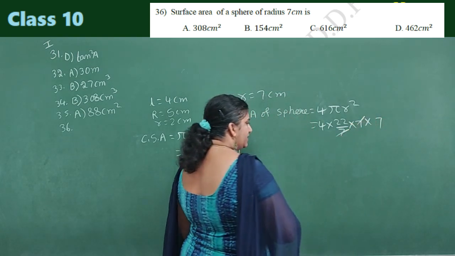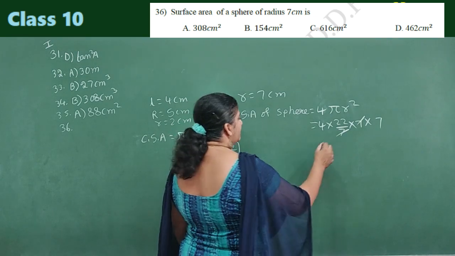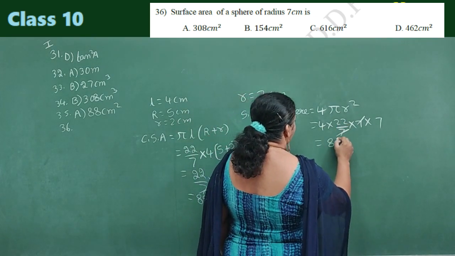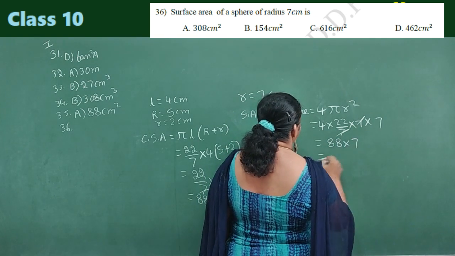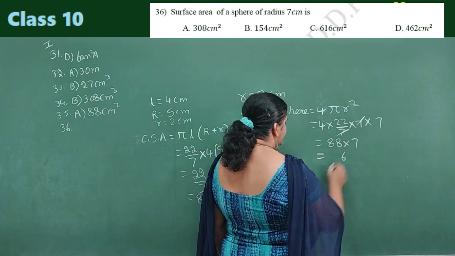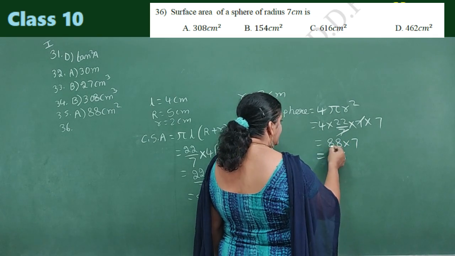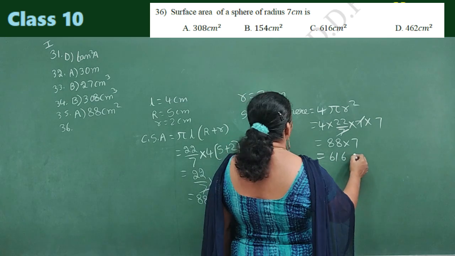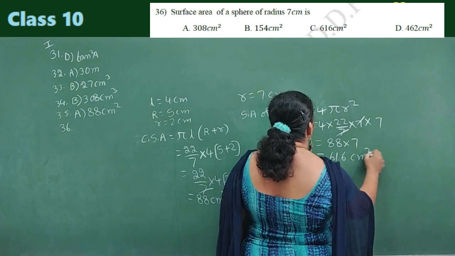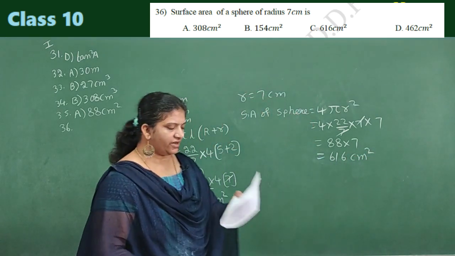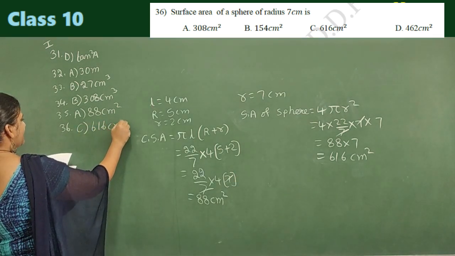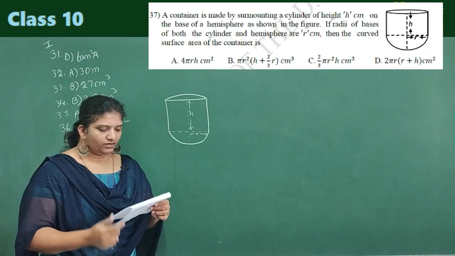Numerator 7 and denominator 7 will be cancelled and this will be 4 into 22, it will be 88. 88 7s are 7 8s are 56, 7 8s are 56 plus 5, it will be 616 centimeter square. Check for the answer. Option C, 616 centimeter square.